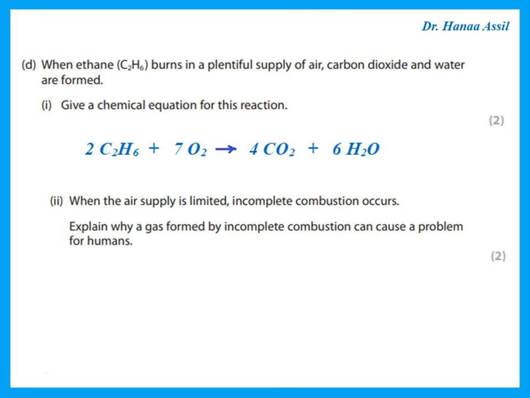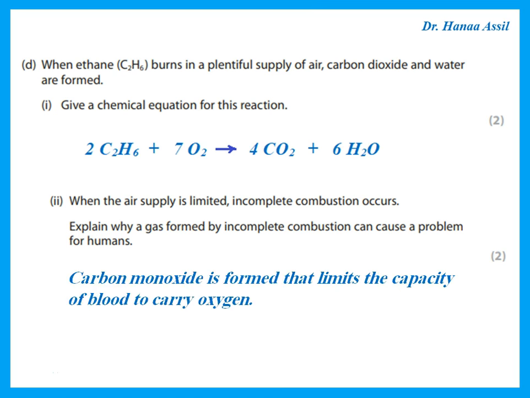When the air supply is limited, incomplete combustion occurs. Explain why a gas formed by incomplete combustion can cause a problem for humans. So first of all, what is the gas formed by incomplete combustion? You should realize that when we have incomplete combustion, I form carbon monoxide.